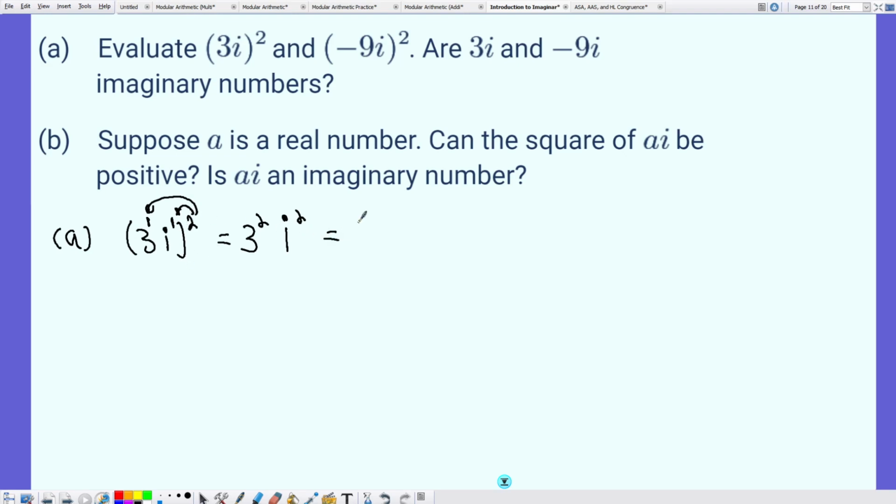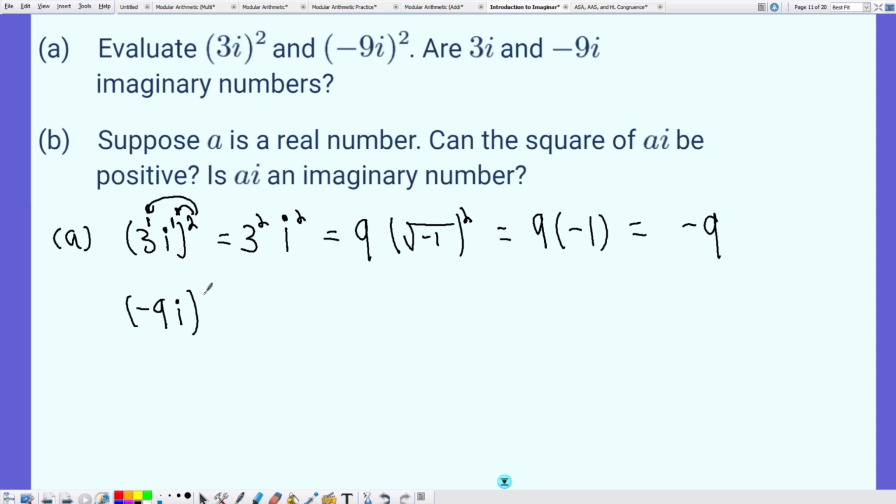We know that 3 squared is 9. And then i, we understand, is the square root of negative 1. But remember, when we have a square root being squared, the same rule still applies. It doesn't matter if there's a negative 1 in there. It still cancels out. So we have 9 times negative 1, which is simply negative 9. Okay. How about the next part, which says negative 9i squared?